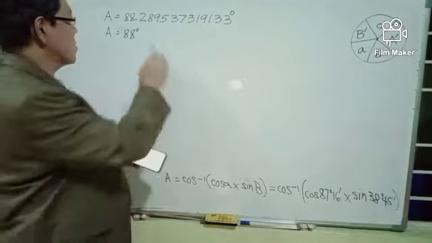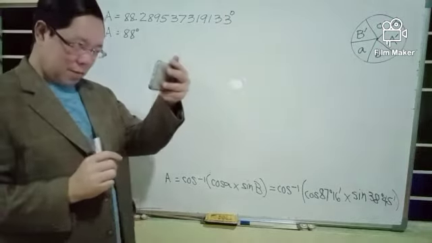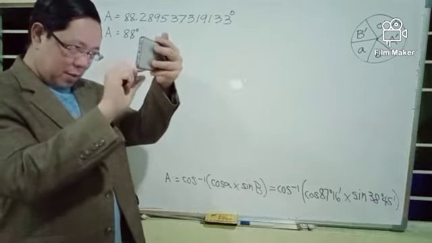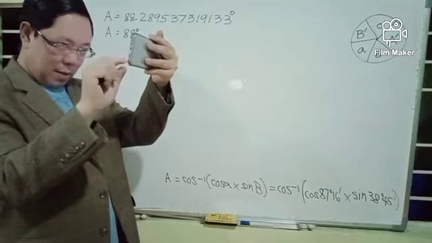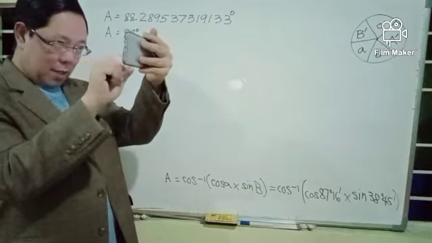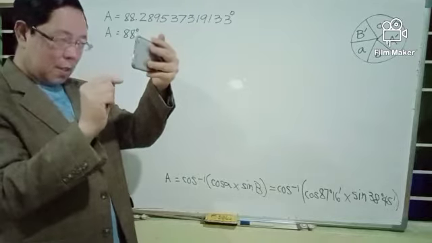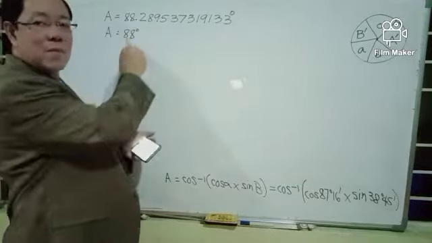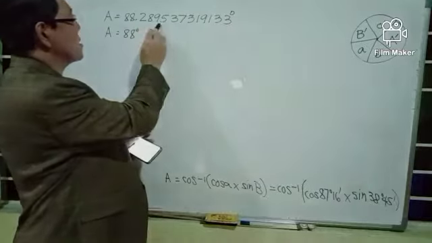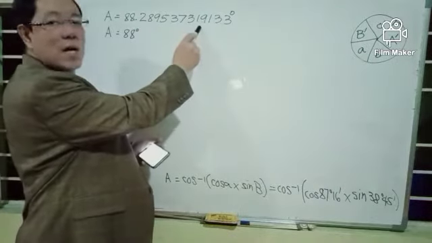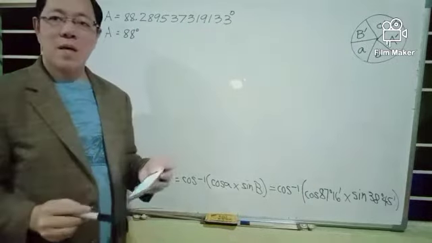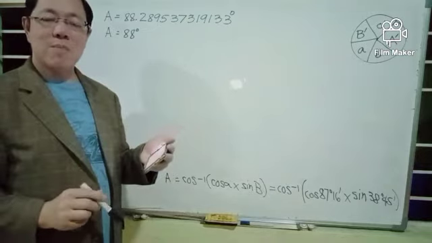In your calculator, you subtract 88, and you will get this decimal number 0.289537319133.